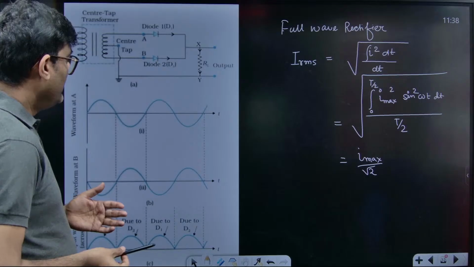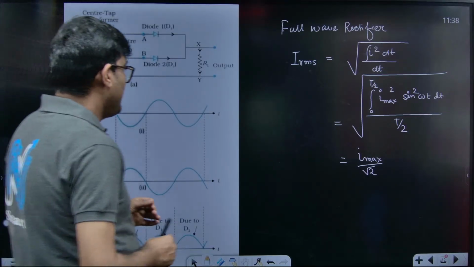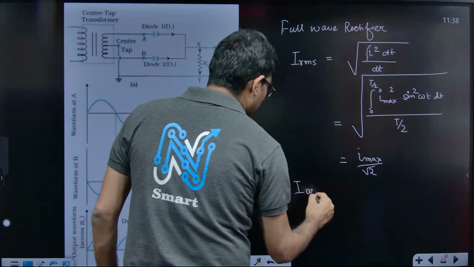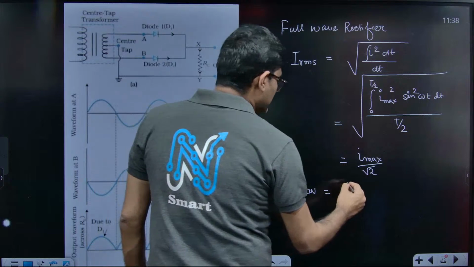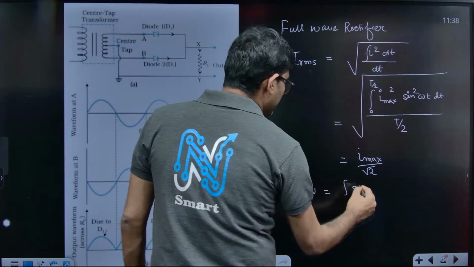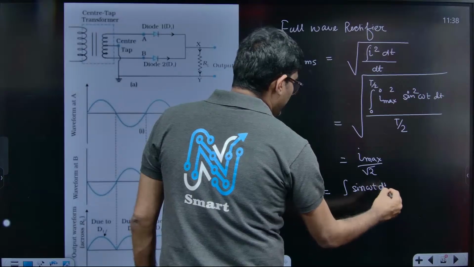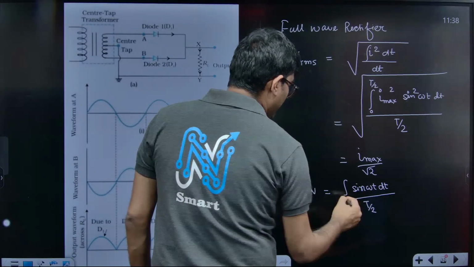Okay, if you calculate the average value of this current, average value means we will only consider sin omega t dt divided by T by 2.